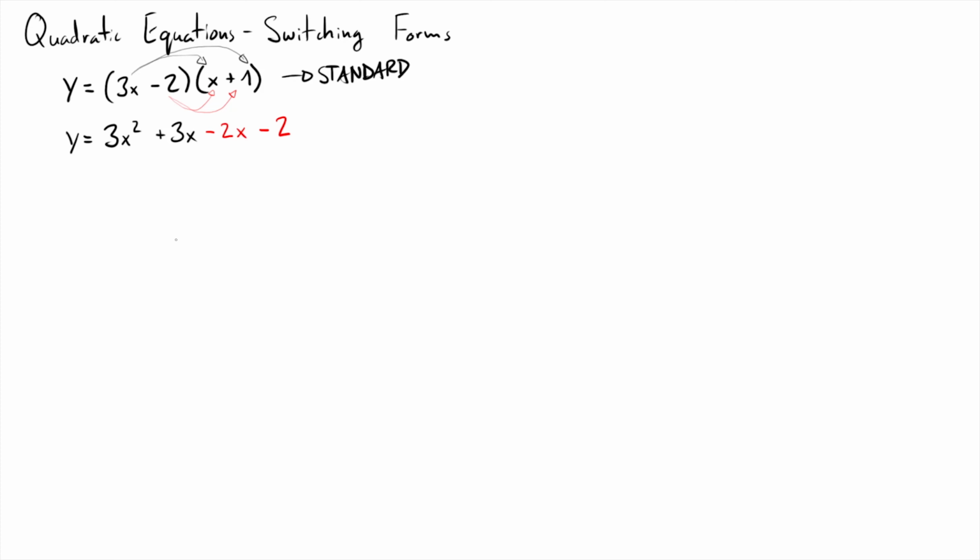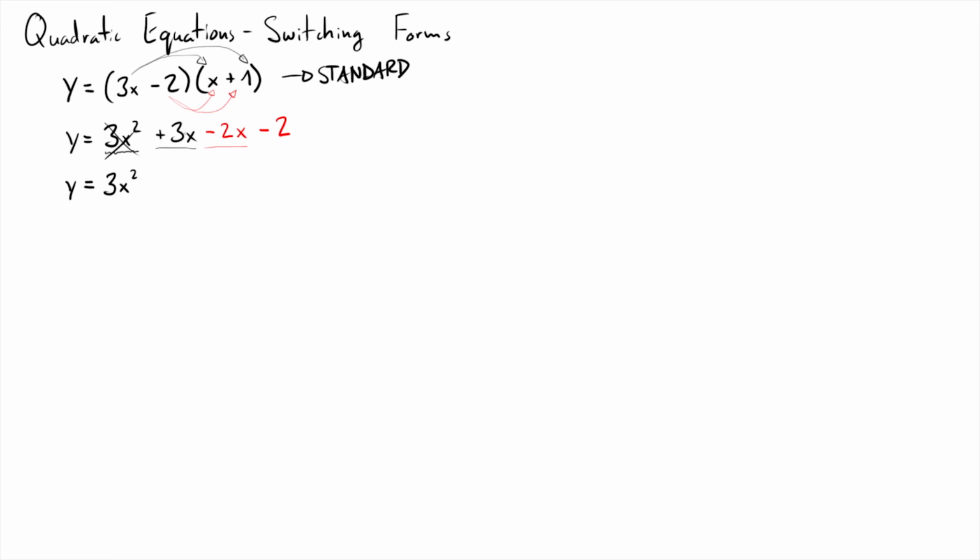Okay, and now the rest of this shouldn't be too difficult. All we do is collect our like terms. So in terms of x squared, we just have this 3x squared term. So we're going to get 3x squared. And we can even cross it out just to make sure that we don't double up on it. Then we're going to look at our x term. So we have two x terms. We have this plus 3x and we have this minus 2x.